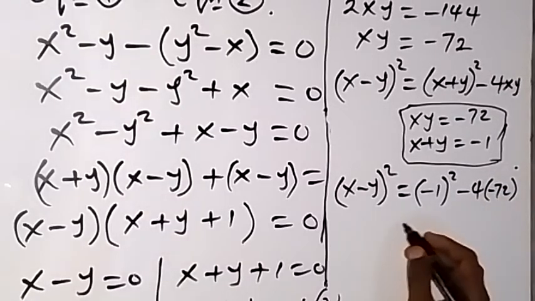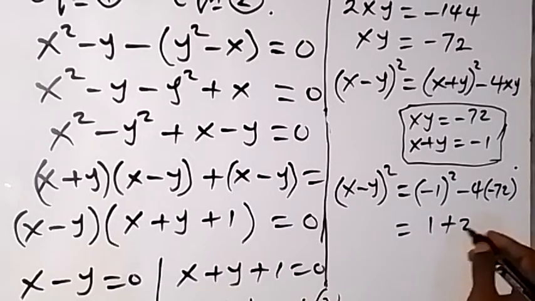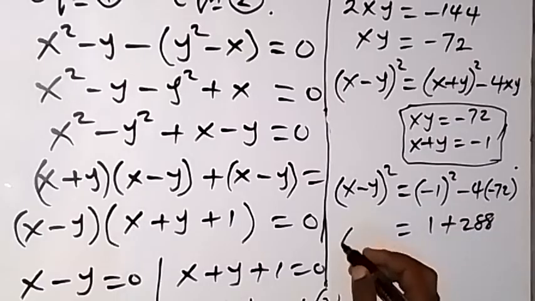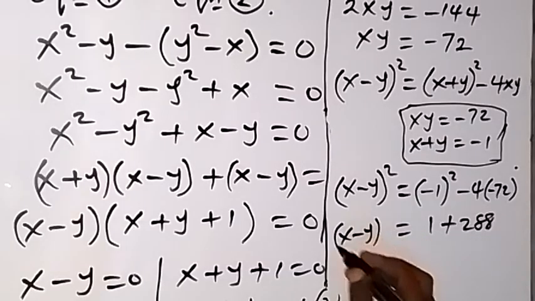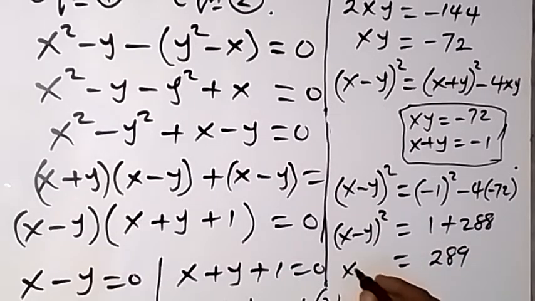And from there, this will give us 1, then plus 288. So that means x minus y all squared equals 1 plus 288. That will give us 289. That's x minus y all squared.